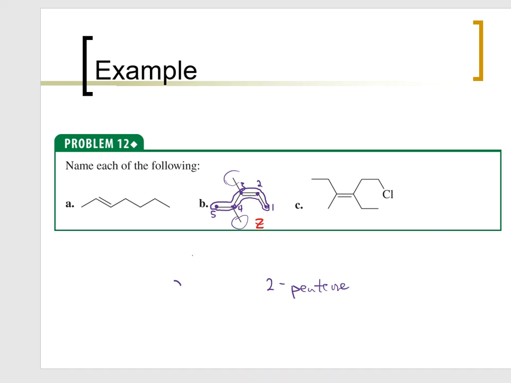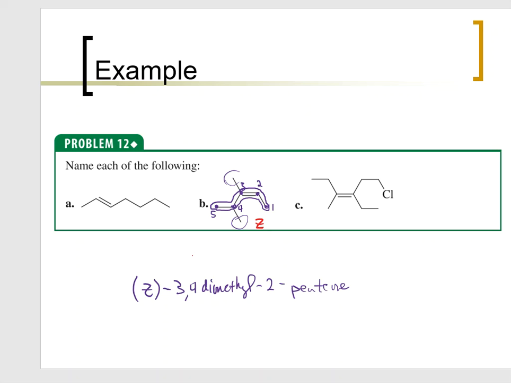So on carbon number 3 and on carbon number 4, I have methyl groups on each one of them. So this is going to be classified as a 3,4-dimethyl-2-pentene. And now in the front, I can simply put Z. We know that Z only goes to double bonds, which is why we put it in the very front.